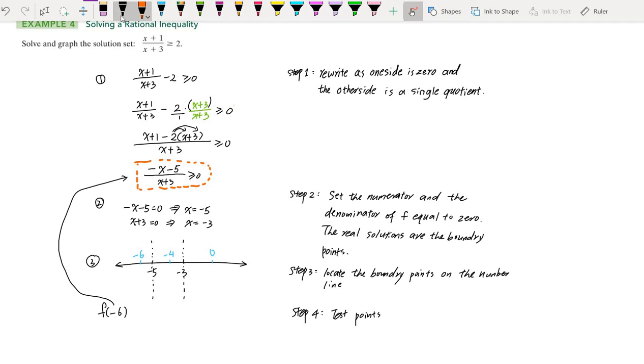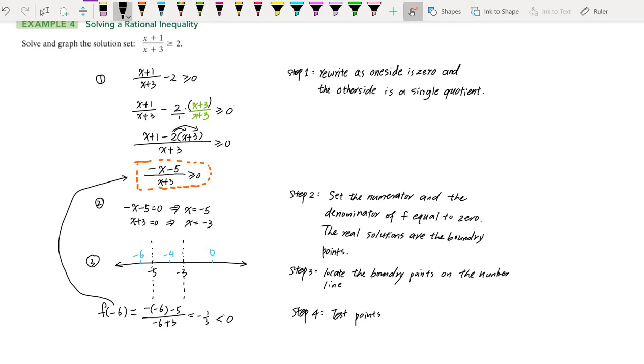So f of negative 6, if we plug it in, you can plug it in step by step in this case. But if you can just tell whether it's greater or less than 0, that is our goal. In this case, we're going to get negative 1/3, which is less than 0.